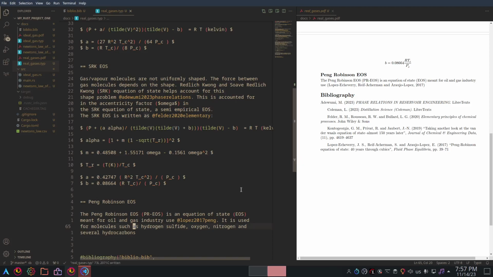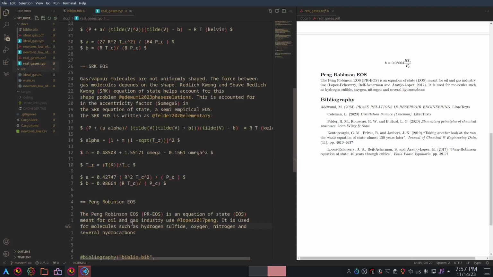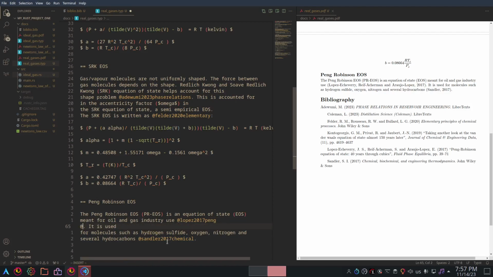I'm going to cite Sandler's here because that's what it says, Sandler 2017, and of course I'm also going to cite the reservoir engineering.